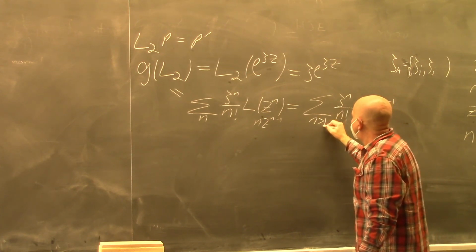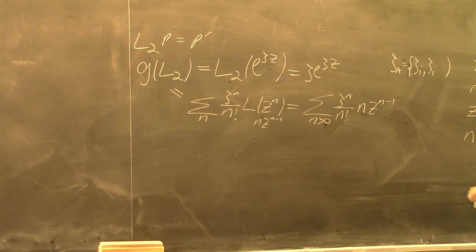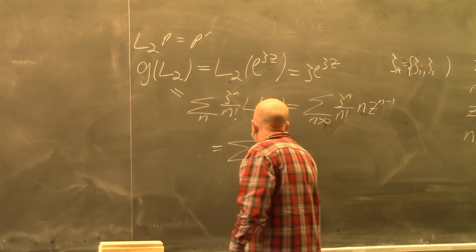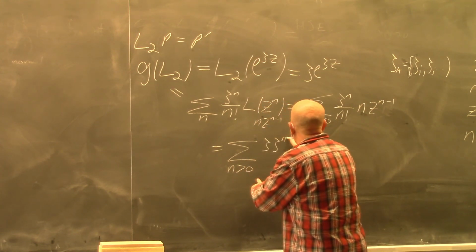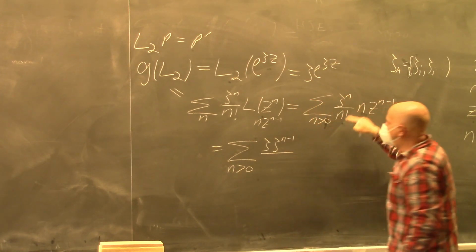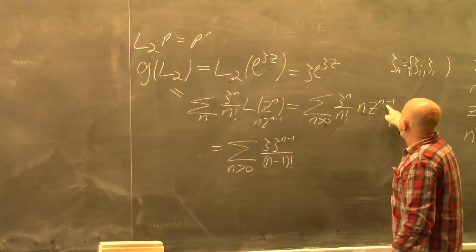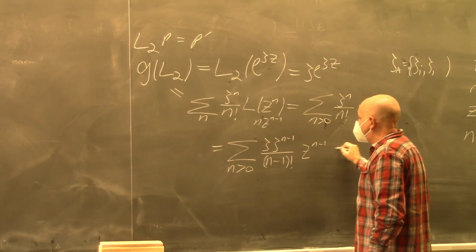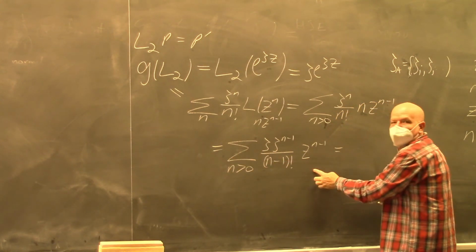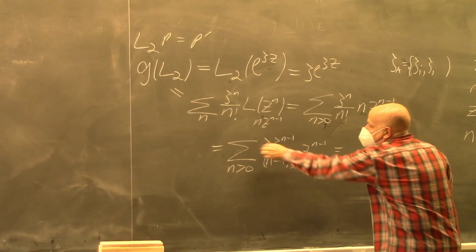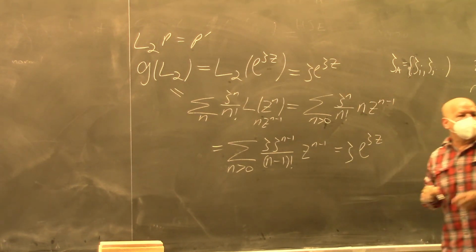So I can rewrite it as a summation over n greater than 0 of zeta times zeta to the n minus 1, divided by n minus 1 factorial, z to the n minus 1. Now I can pull the zeta factor out, and I'm left with the formula for the exponential function. So this is zeta e to the zeta z, which fortunately is the same thing.